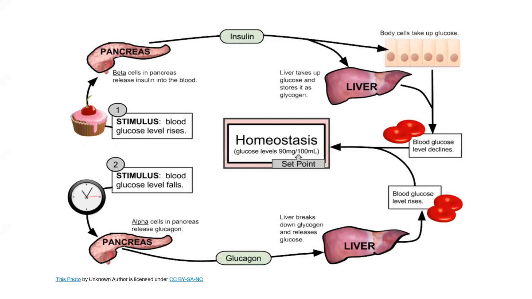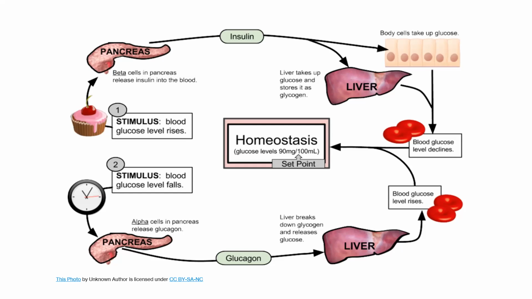Here is a schematic drawing of a very basic negative feedback loop, one that all of us are very familiar with. We eat lots of food, like I did over the past few days, and blood glucose tends to rise. When it rises, that sends a signal to the pancreas to secrete insulin.